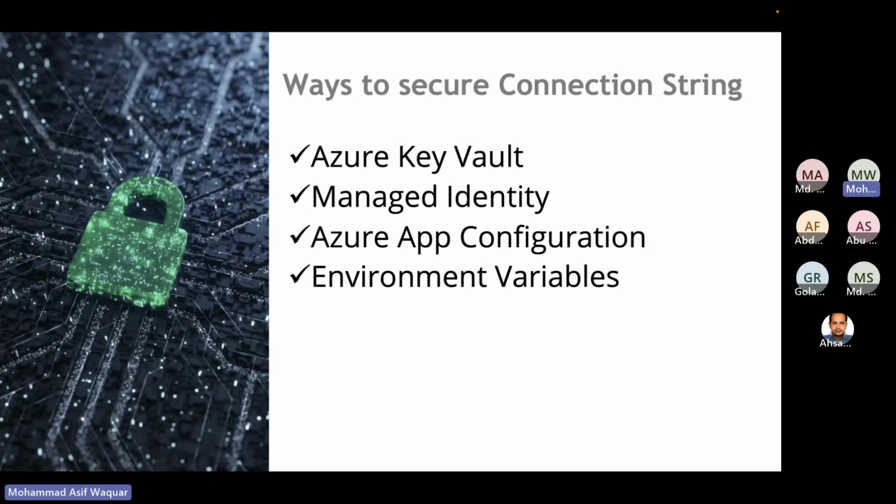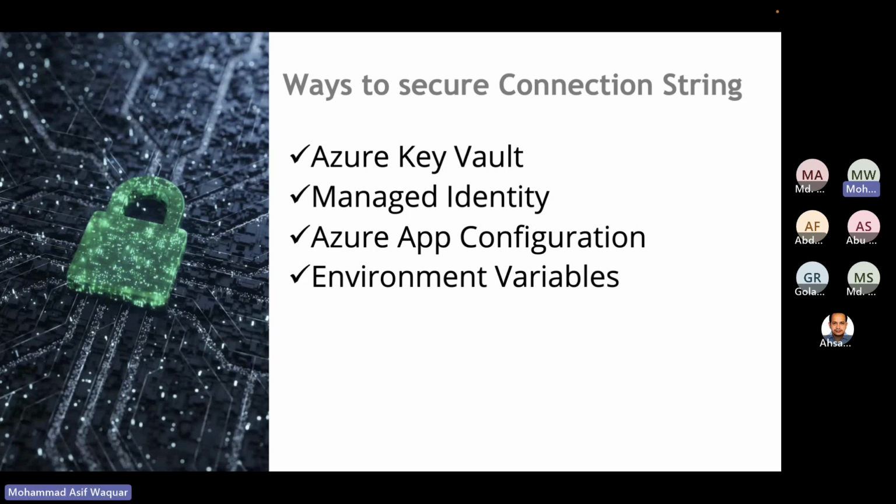The other approach is managed identity, which I may cover in an upcoming session. Managed identity is really helpful when you want a passwordless approach, or you want to use Azure Managed Identity to interact between the web application and database, and you don't want to expose any connection string to the app settings.